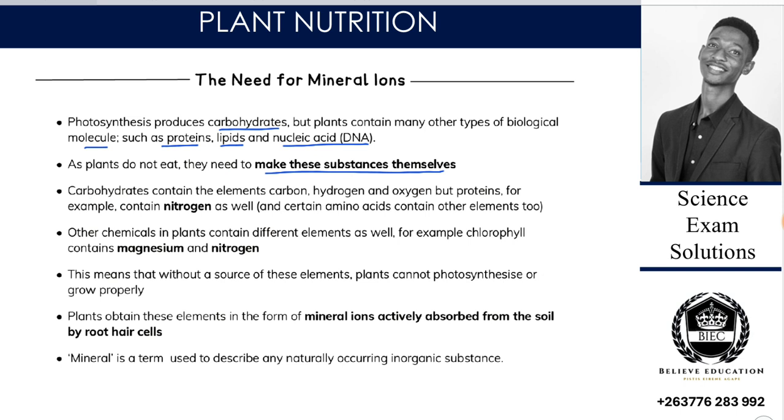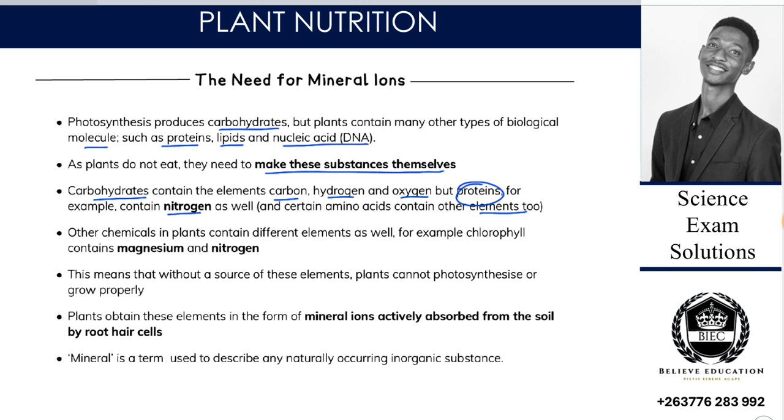So carbohydrates contain elements such as carbon, hydrogen, and oxygen, but proteins, for example, contain nitrogen as well. And certain amino acids contain other mineral elements too. So which means the carbohydrate produced is joined with other minerals absorbed in the plant, to make several what elements, to make several products or substances, right?